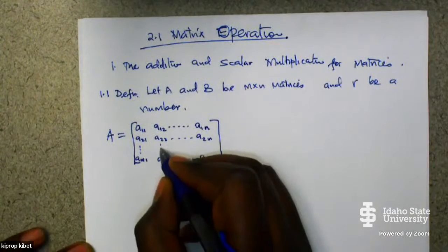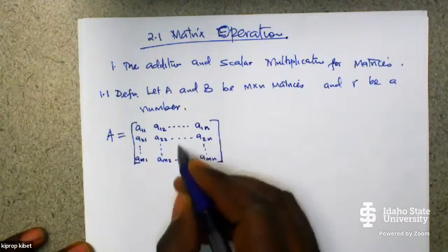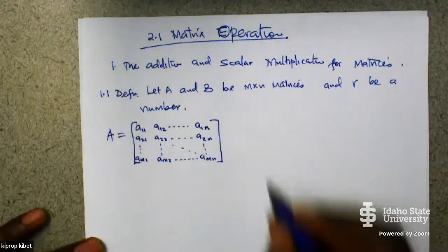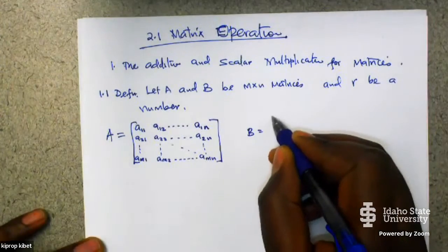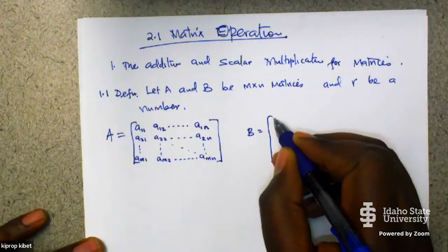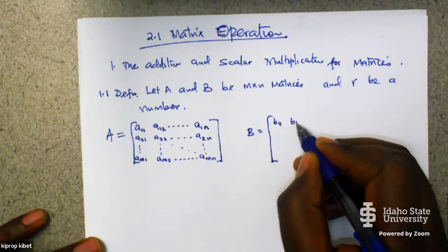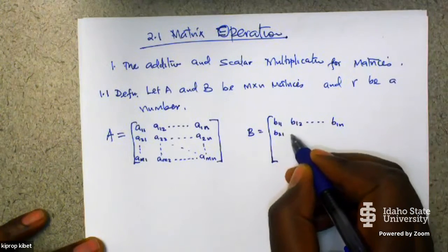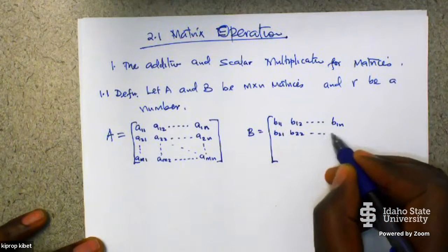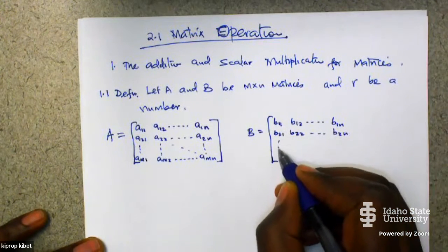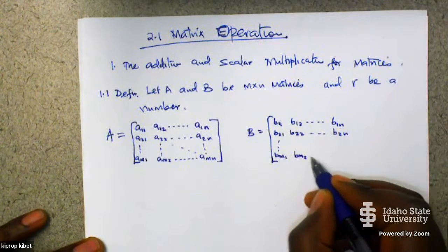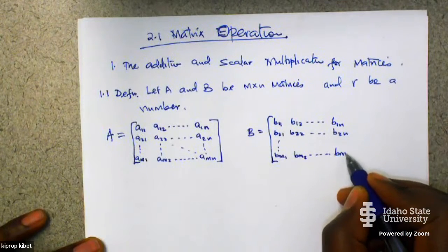For B, it is the same thing: B11, B12, all the way to B1N, B21, B22, all the way to B2N, and then BM1, BM2, all the way to BMN.